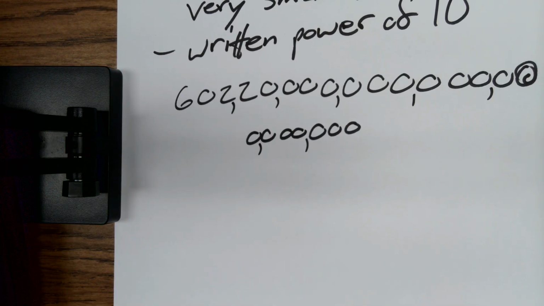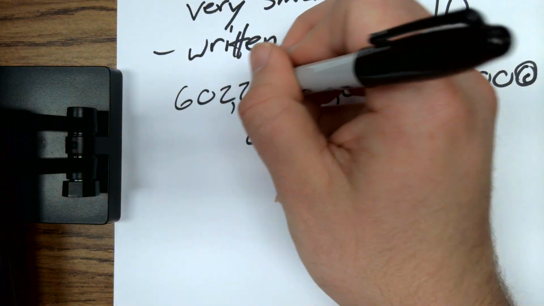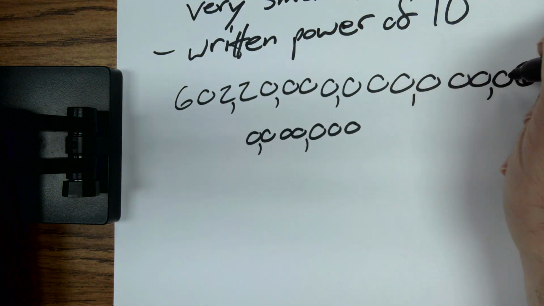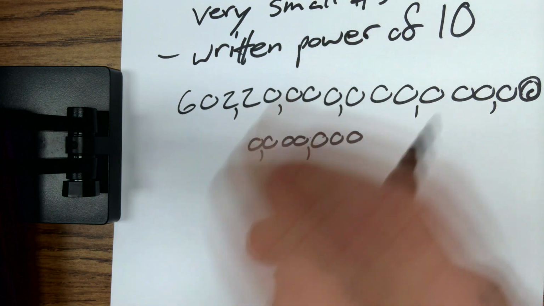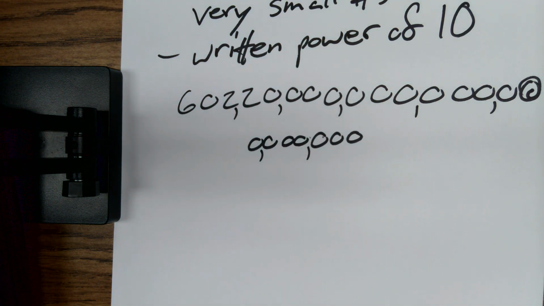For those who have seen this number before, you may recognize it as the estimated number of atoms in 1 gram of an element. We're going to refer to this as a mole eventually in the future. It's 6022 followed by 19 zeros. That's a whole lot of zeros, and it's going to be an absolute pain if I have to write all those zeros every time.